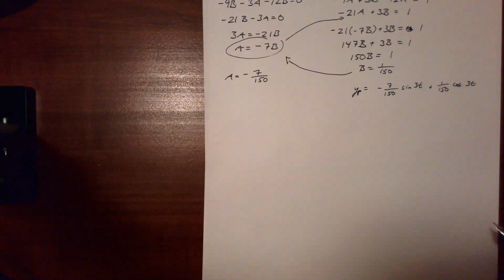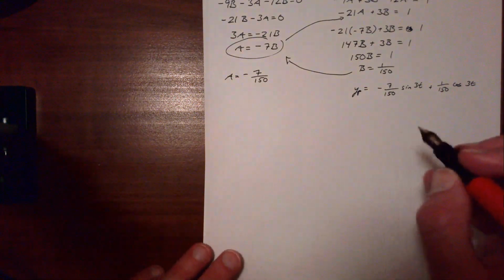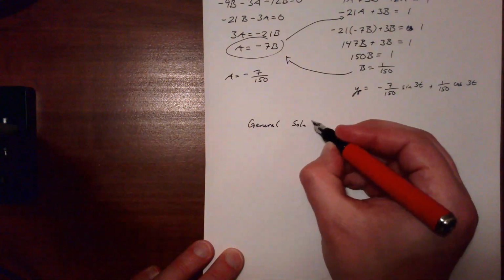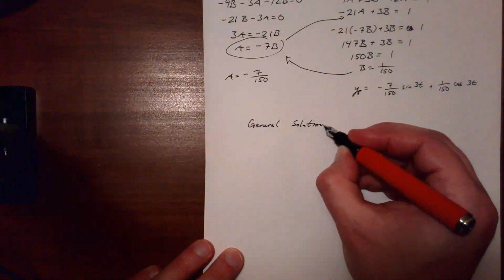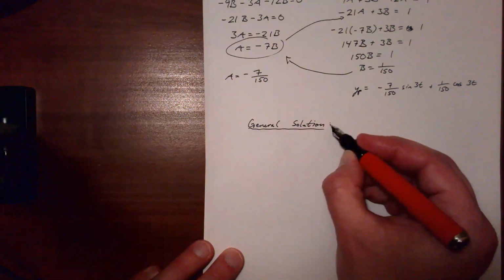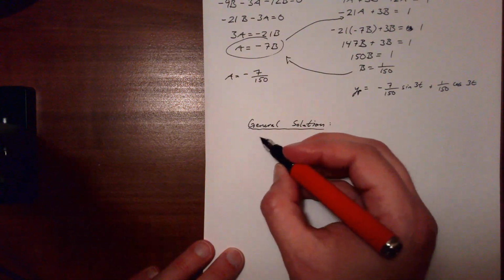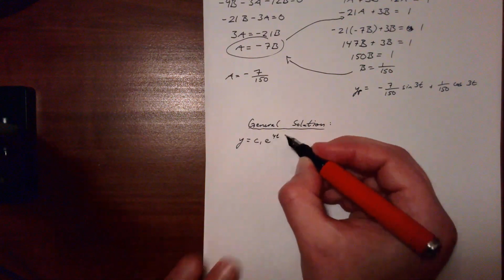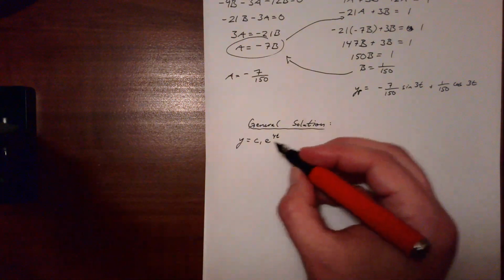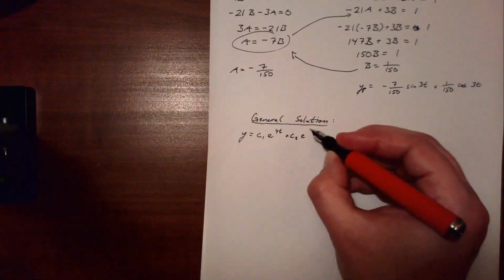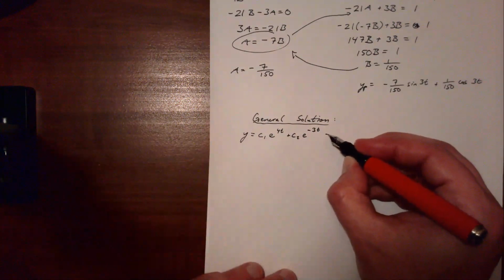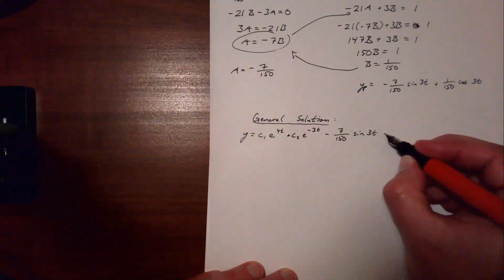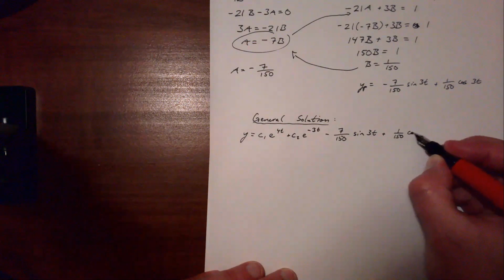And then that gives us our general solution. So our general solution will then be y equals c1 e to the 4t, what was the rest of it, c2 e to the negative 3t minus 7 over 150 times sine of 3t plus 1 over 150 cosine of 3t.